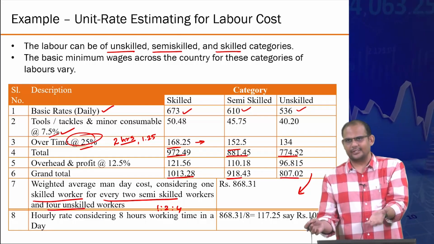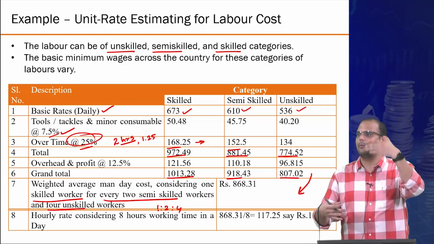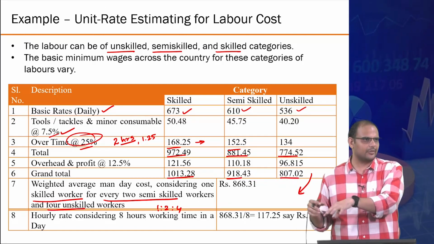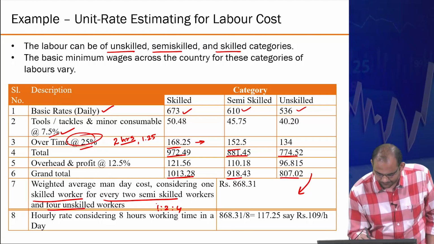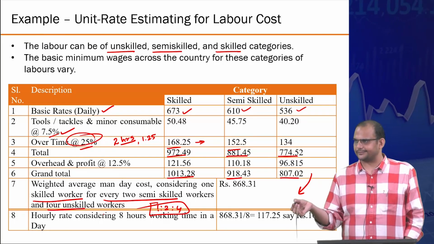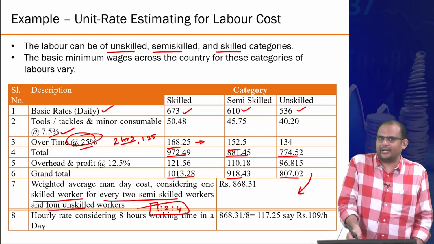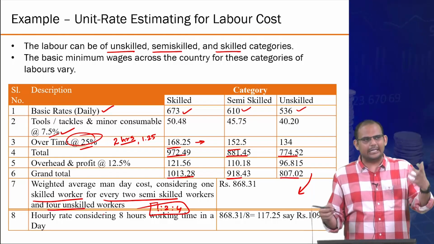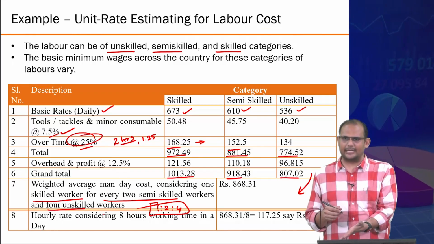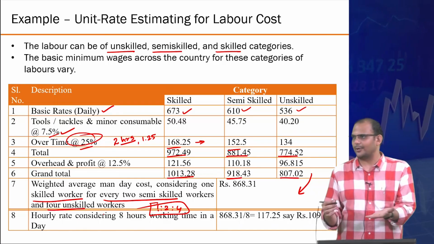Or if you have an individual estimate of how many skilled versus unskilled versus semi-skilled are needed, you can use the individual units, because this ratio may change from activity to activity. Concreting activity may be this, while in a welding activity maybe you need much more skilled compared to unskilled or semi-skilled, right? So this may also change.